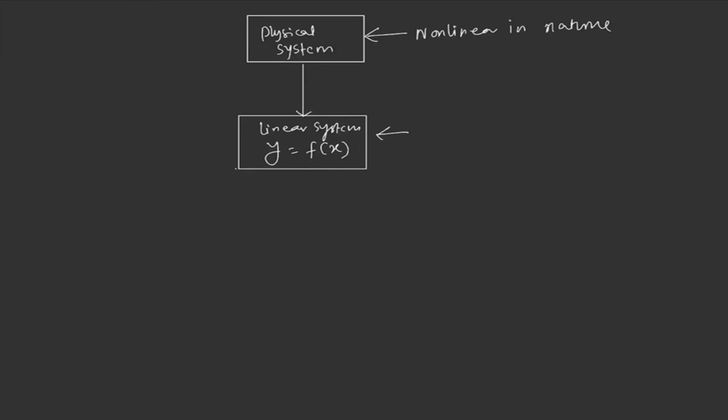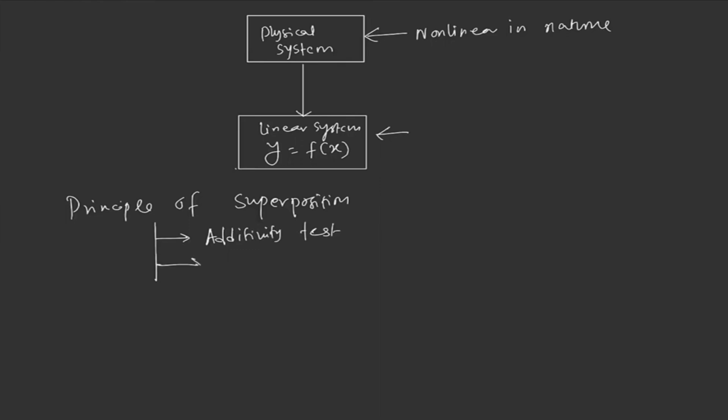So now I'm going to validate whether this system is linear or not, and through the principle of superposition we can validate it. Under these two conditions we have to test. First is the additivity test, and second is the homogeneity test.